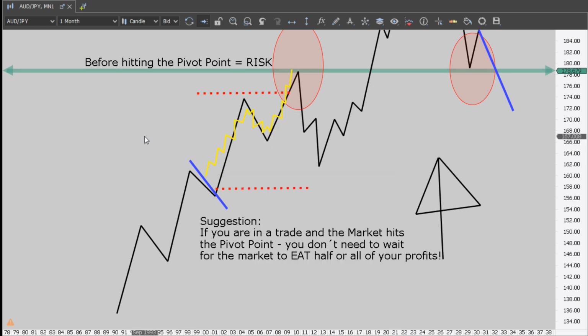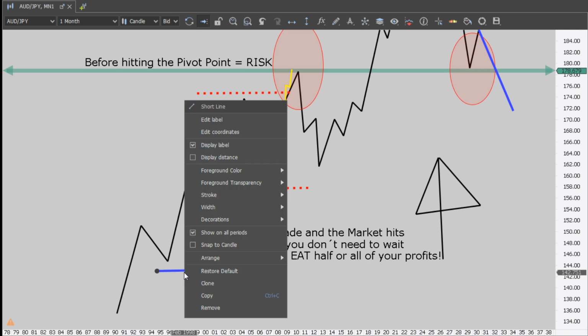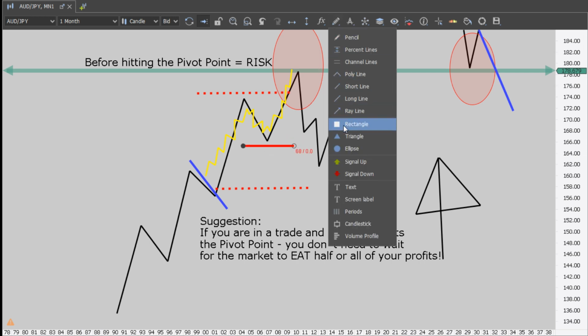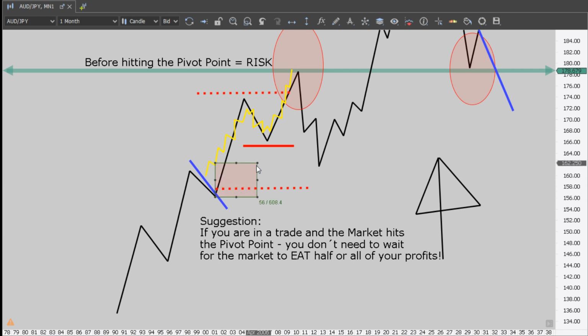Yellow line, it touched the pivot point, and some of you are using cancel and replace, which is okay, a great technique. When the market hits the pivot point, and this is okay, nothing wrong, but this is a suggestion.